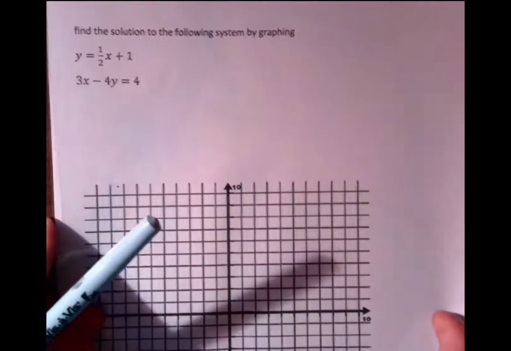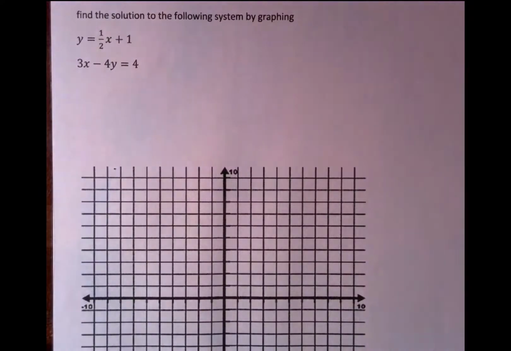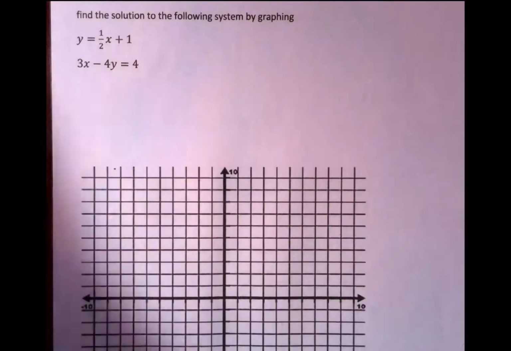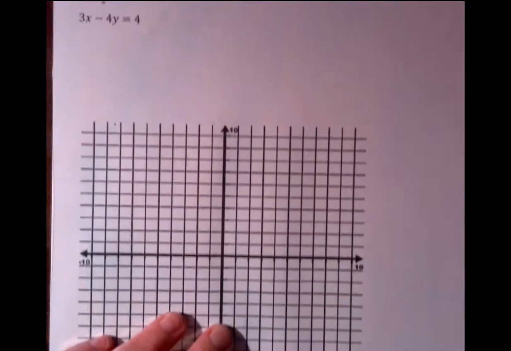So let's look at our next one. Okay? Now notice my top one is in slope-intercept form, and I can graph it right away. Okay? So let's look at how that one will be graphed.